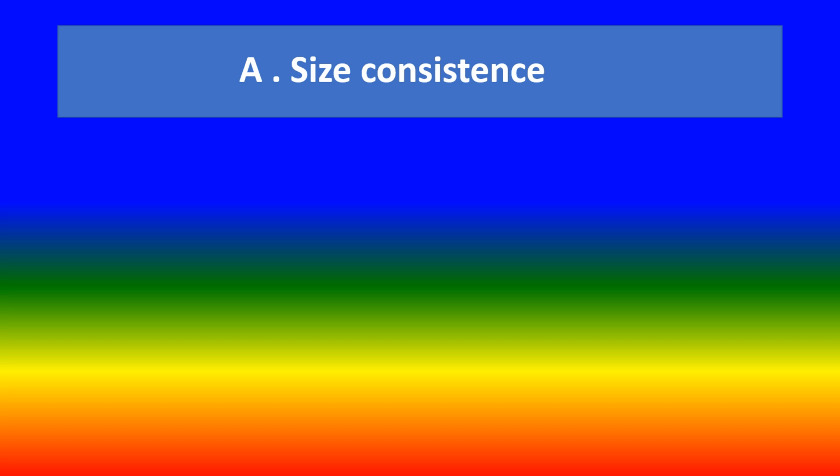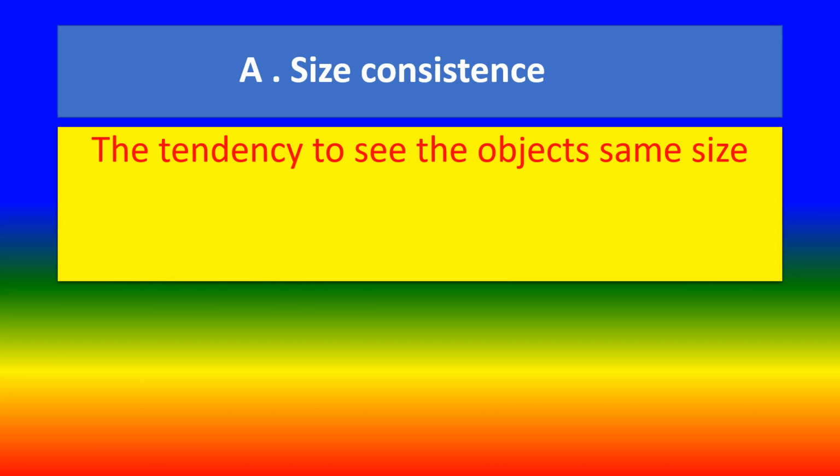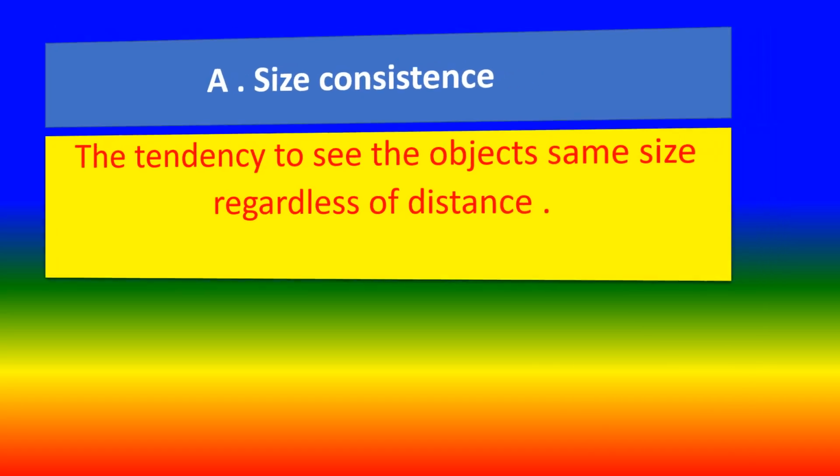Detail. A, size consistency. The tendency to see the object as the same size regardless of distance. Look at these pictures.